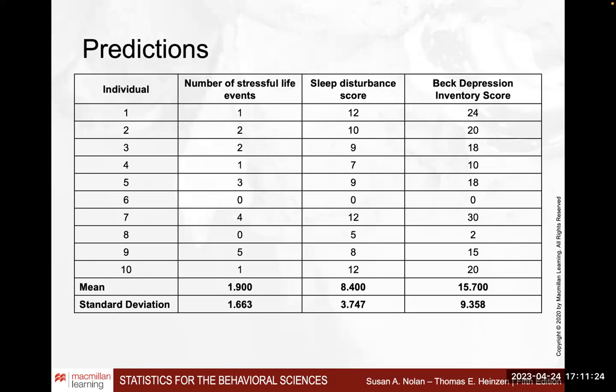And the example here is to add the sleep disturbance score. So basically you're still trying to predict your depression score, but now you're not only taking into account the stressful life events, but you also take into account, does the patient actually have problems sleeping?